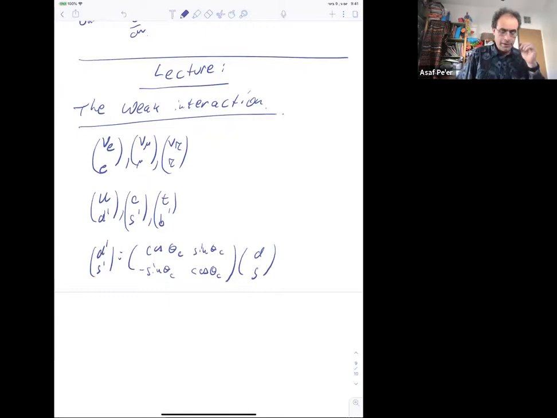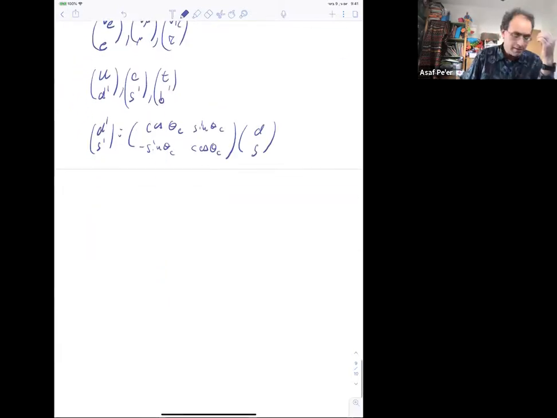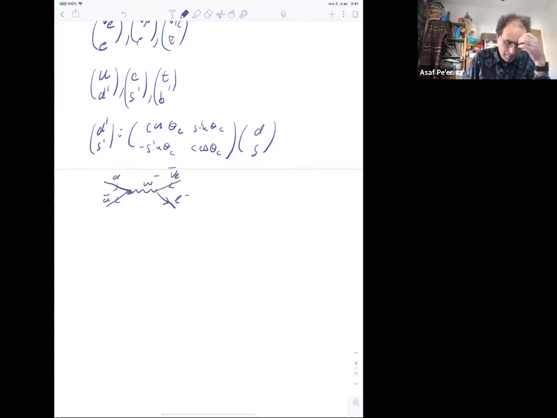And that enabled us to generalize the same interaction. So for example, d and u bar, W minus, lepton and anti-neutrino. This will be G cosine theta Cabibbo. And then s u bar, this will be the pion, and this will be the kaon, s u bar.